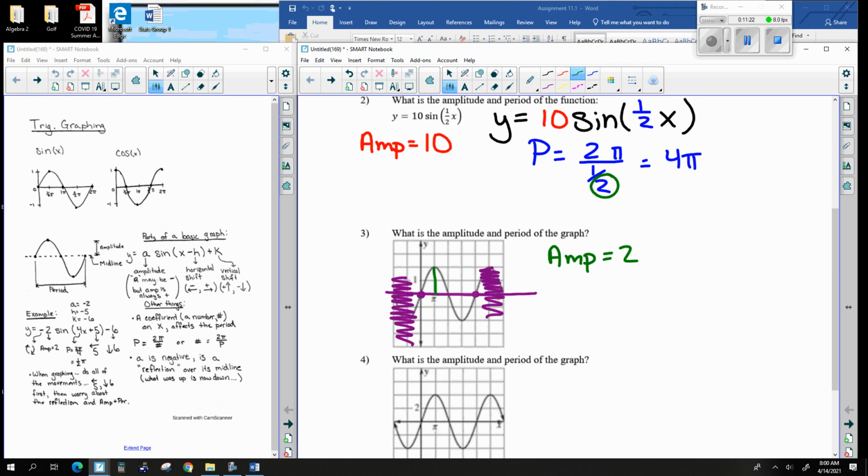And then what is its period? If it starts here, notice that each line is 1 pi. So this is going to be 1 pi, 2 pi, 3 pi, 4 pi.